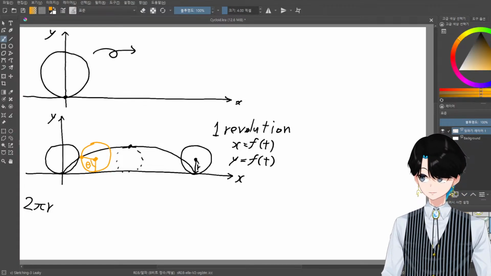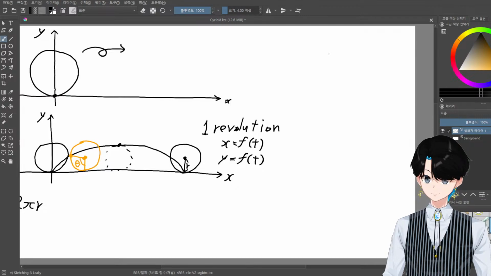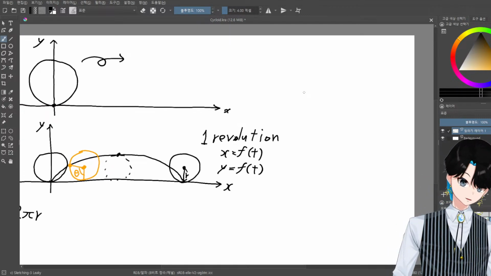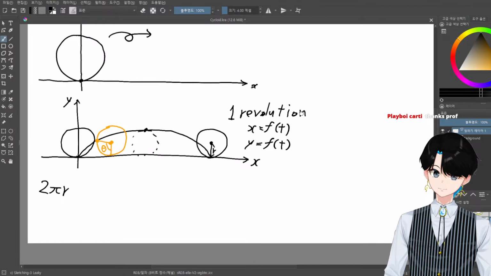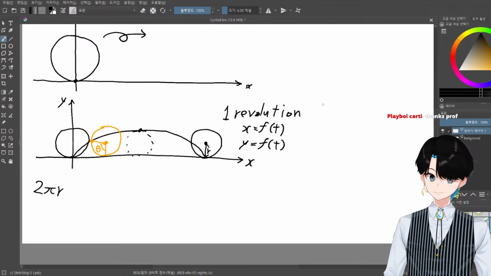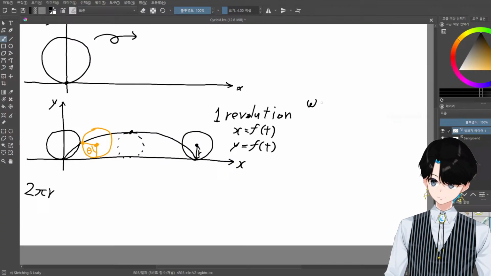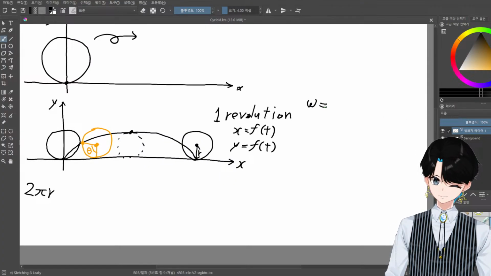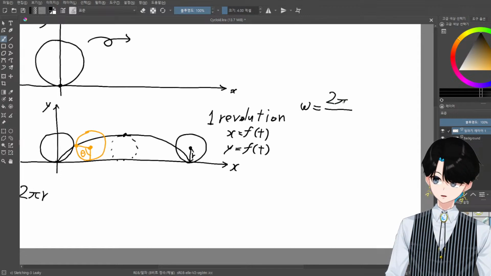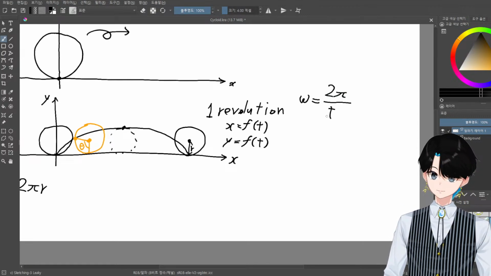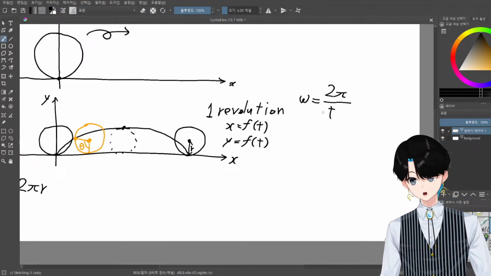I have no idea what to start from, so I'm just going to do whatever comes into my mind. Okay, w is 2 times pi over T.